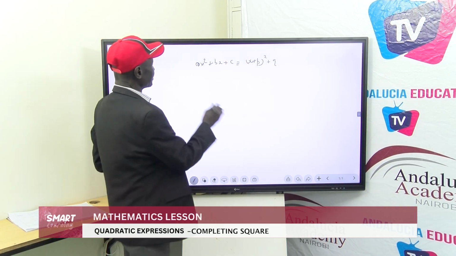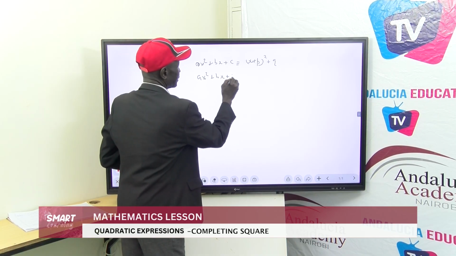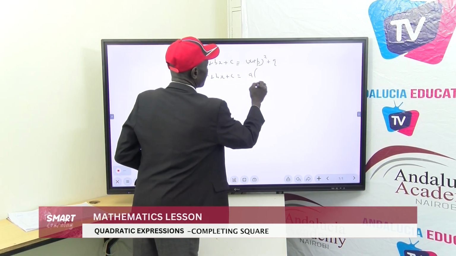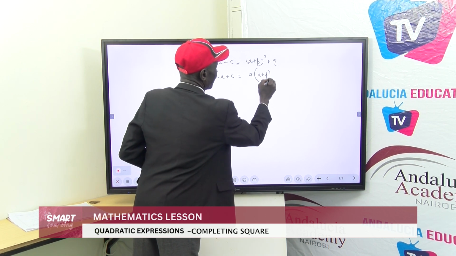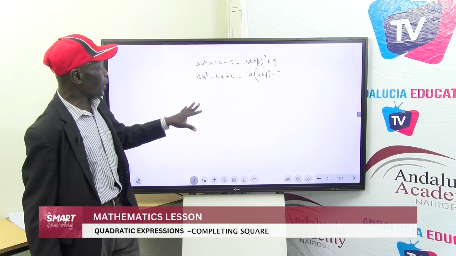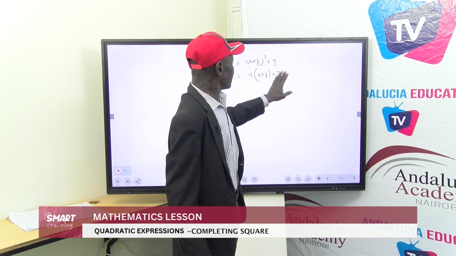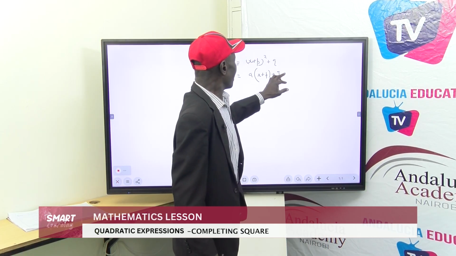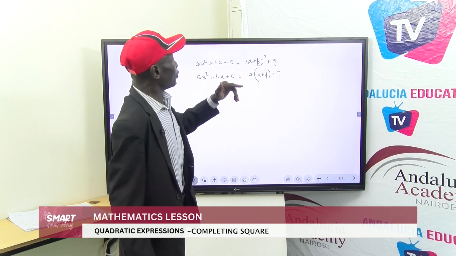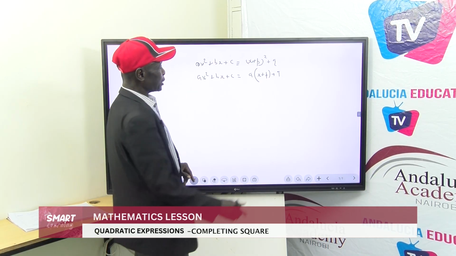And you can also write your ax squared plus bx plus c in the form of a in bracket x plus p squared plus q. In that case, you have to factor out, complete squares, and make sure you multiply your new c minus b over 2a squared by a to get your q.